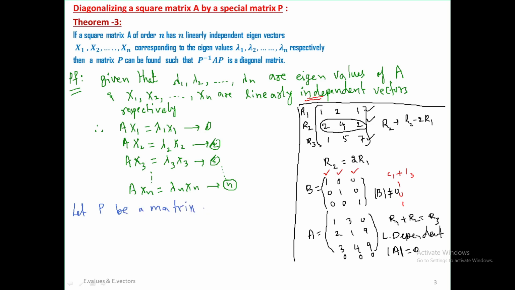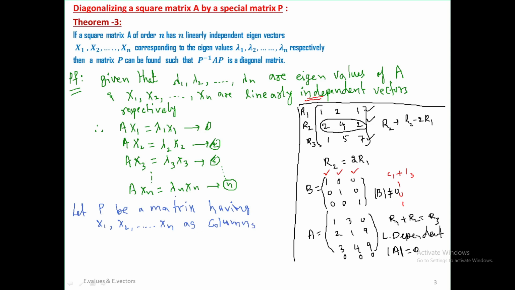I'm taking a matrix having x1, x2, up to xn as columns. These vectors I am taking as the columns of this matrix.